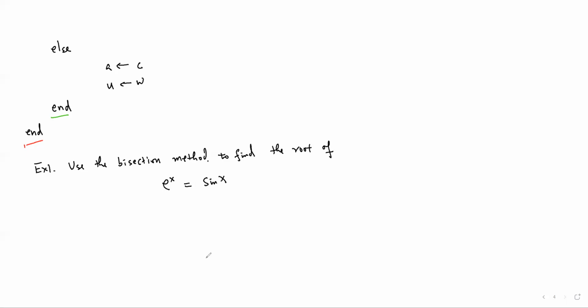This equation may have many roots. The bisection method finds only one root; it cannot find all the roots. Use the bisection method to find the root that is closest to 0. To get some idea about where the root closest to 0 is, plot the graph of the two functions.